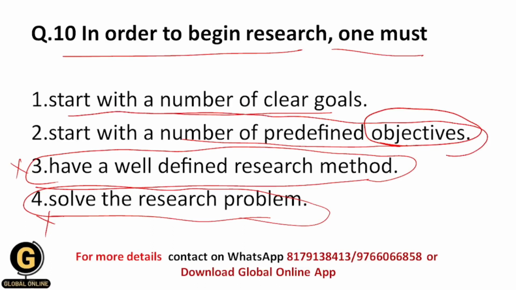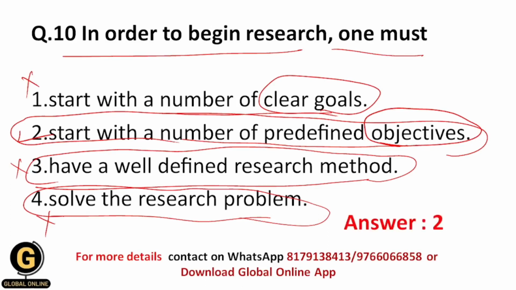Yes, whenever we want to do a research and when we want to begin it, we should first have predefined objectives. Okay, so when we know the objectives, then and only then we will start with the research, and that's why this is the correct answer. Then start with a number of clear goals. Yes, we should have clear goals, but it is more preferable to have predefined objectives, so this is incorrect. So the correct answer to this question is 2.